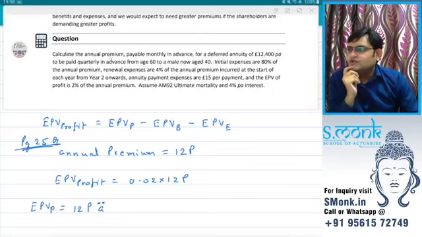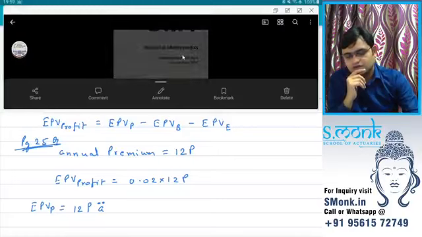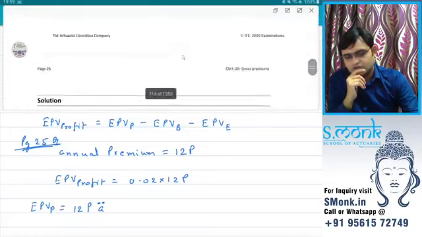So I think here the premium is paid till life. Let me just compare, because they did not say for how many years the premium should be paid, right? So premium is going to be paid till life.